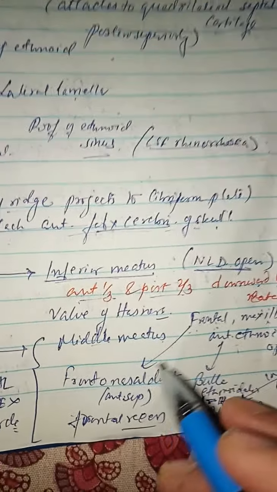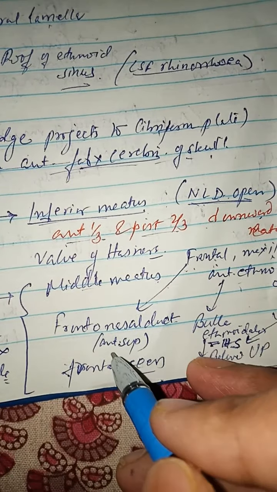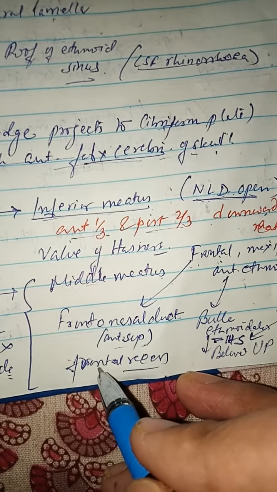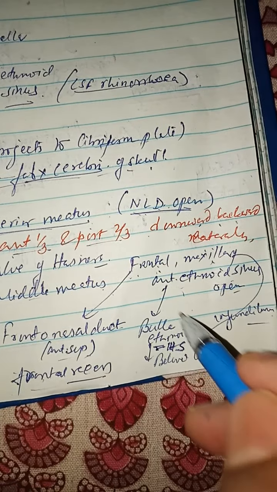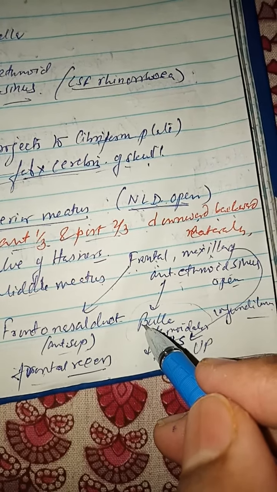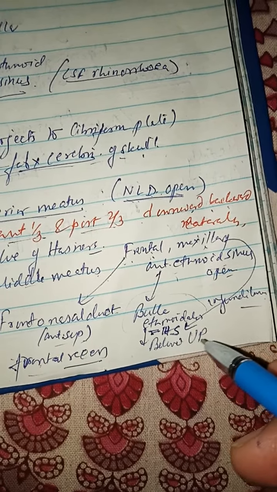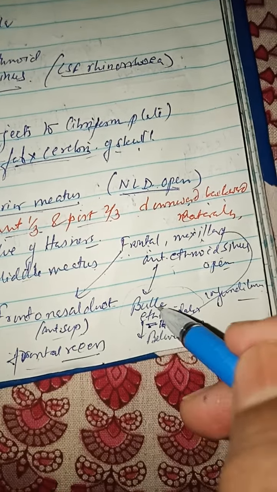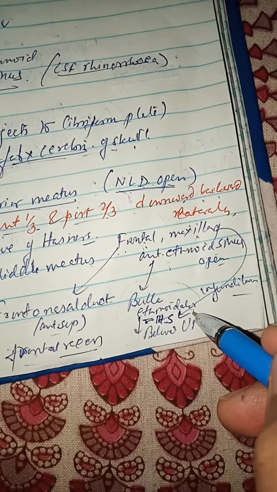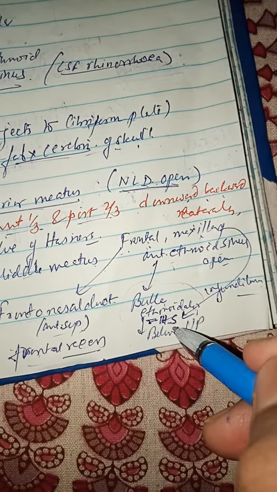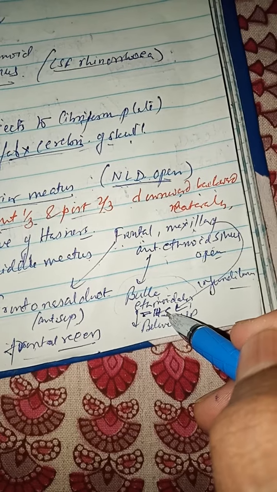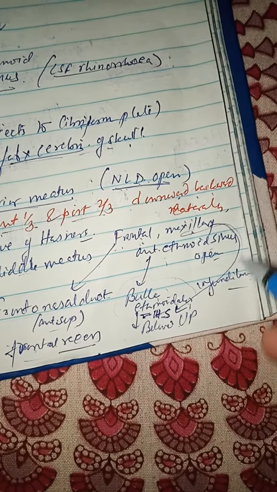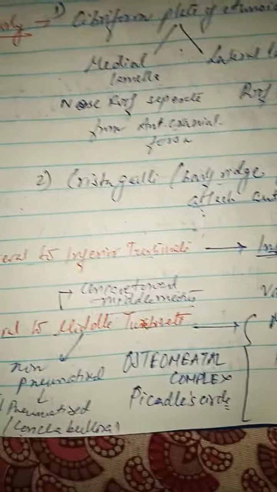The frontal sinus opens through the frontonasal duct in the anterior-superior part via the frontal recess. The anterior ethmoidal sinus opens into the bulla ethmoidalis, below which there is the uncinate process, and between the bulla ethmoidalis above and the uncinate process below there is the hiatus semilunaris, where the maxillary sinus opens through the infundibulum.